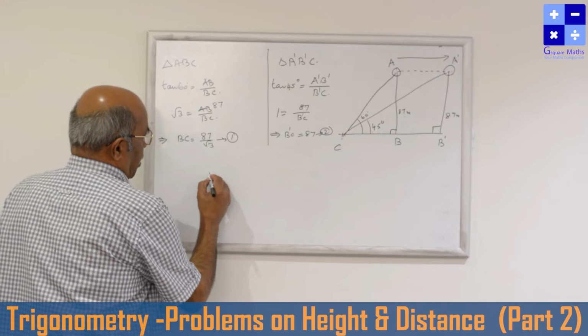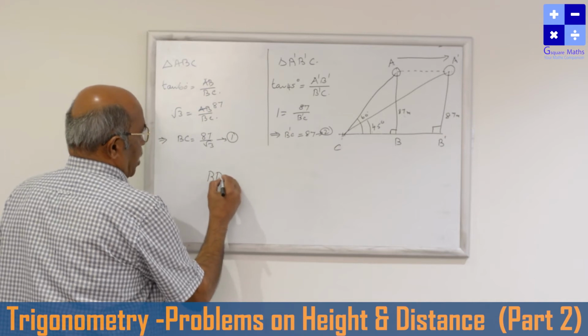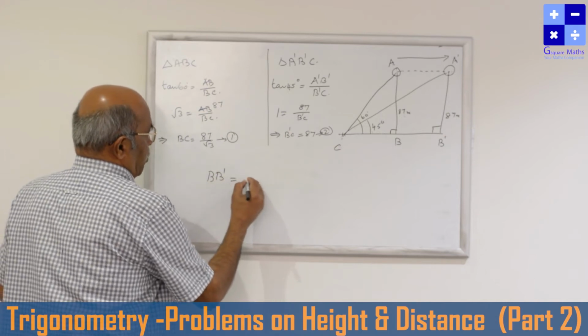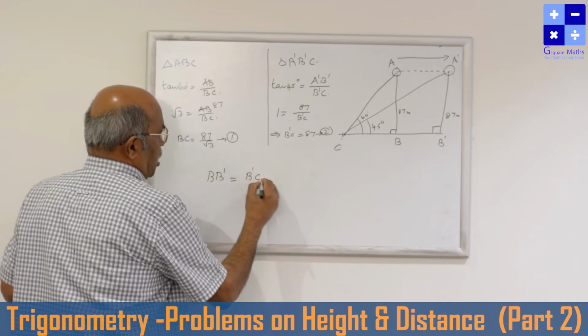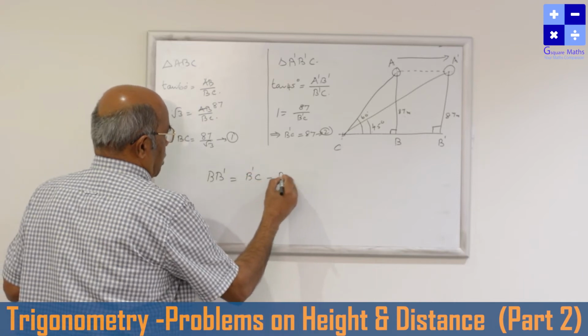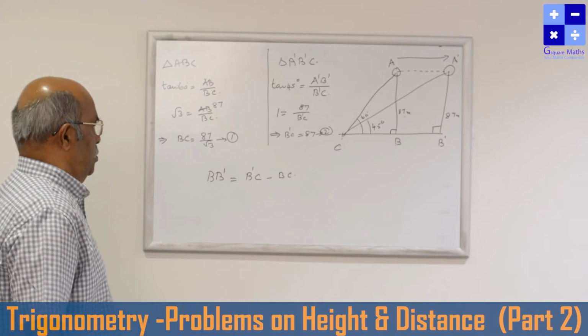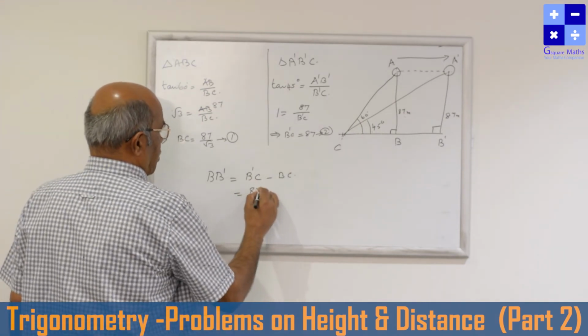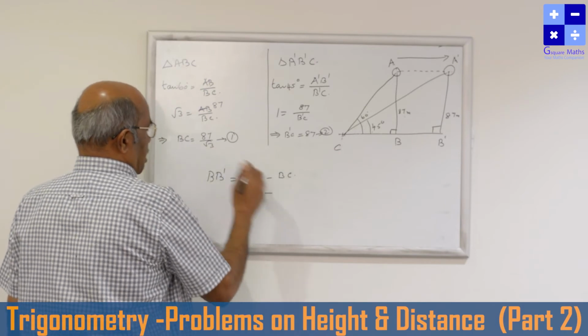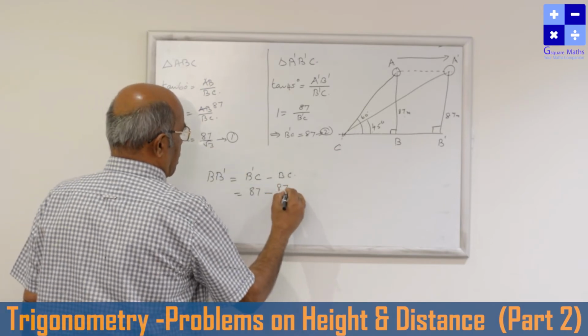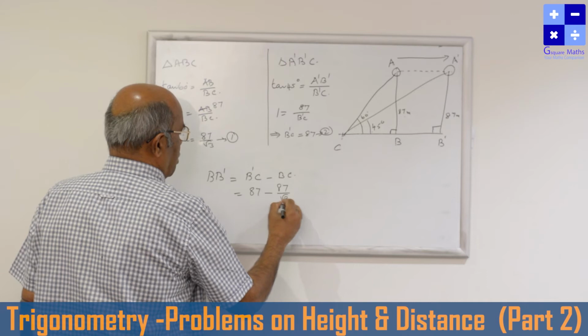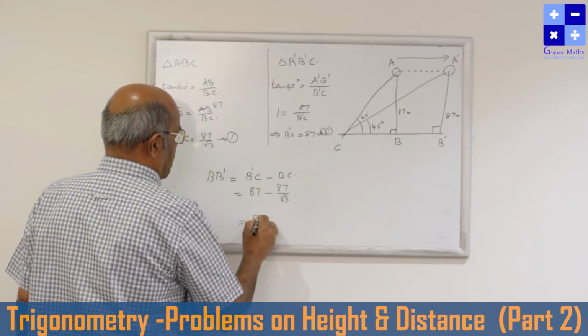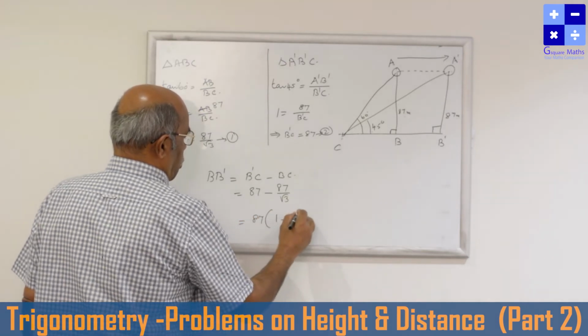So now from the figure, B B dash is nothing but B dash C minus BC. B dash C is nothing but 87. BC is nothing but 87 by root 3. This we have to calculate. Take 87 common: 1 minus 1 by root 3.